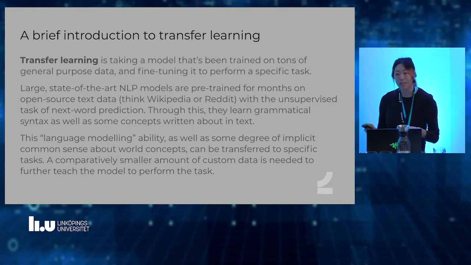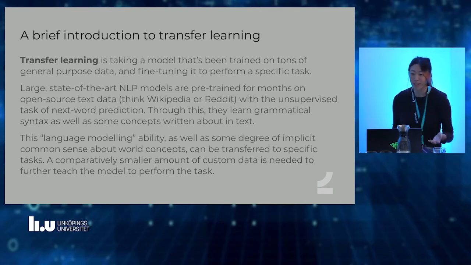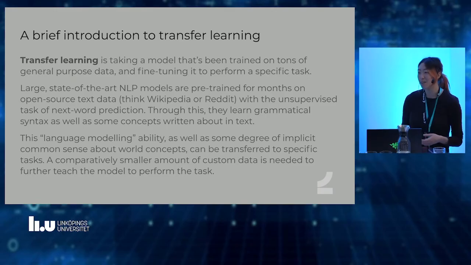And through learning to do this, they learn to encode in their parameters something about grammatical syntax, so how sentences and phrases and paragraphs are formed, as well as some concepts written about in the text, which was a really nice side effect or bonus from training this way on all of Wikipedia. They learned something about how concepts in the real world are connected to each other.